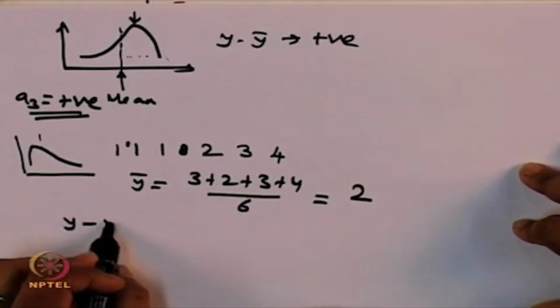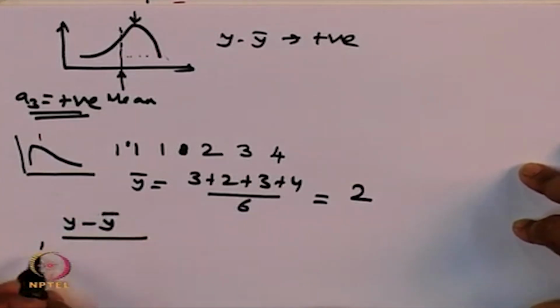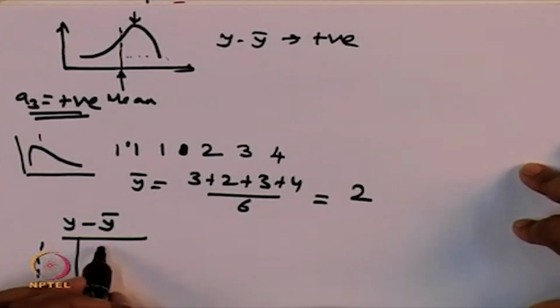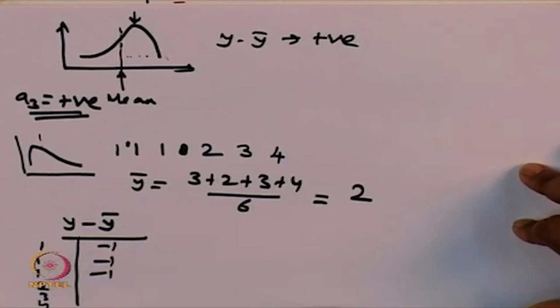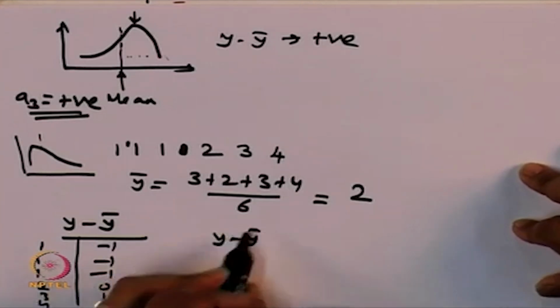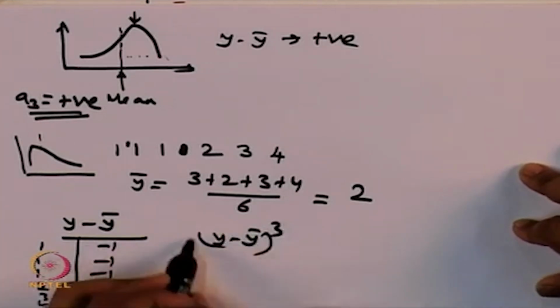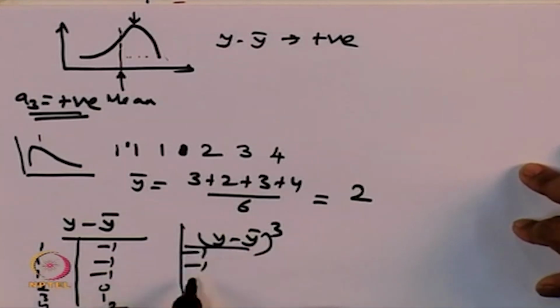Now, I can calculate my y minus y bar. So, I have 1, 1, 1, 2, 3, 4. Okay. So, for a value of 1 it is minus 1, minus 1, minus 1, 0, 1, 2. Okay. So, in this case y minus y bar whole cubed will give me minus 1, minus 1, minus 1, 0, 1, 8.